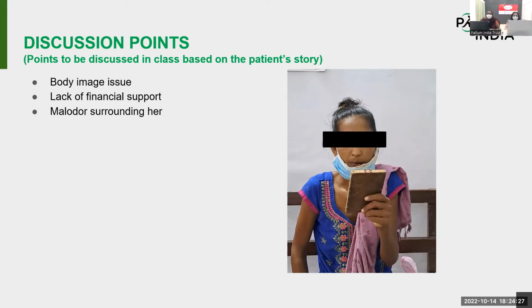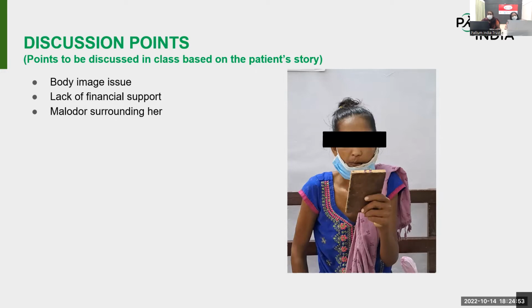The next discussion point is lack of financial support. The first discussion point is body image issue, which we were discussing through the presentation time. If there is a disfigurement, definitely it will affect the patient emotionally, spiritually and socially.